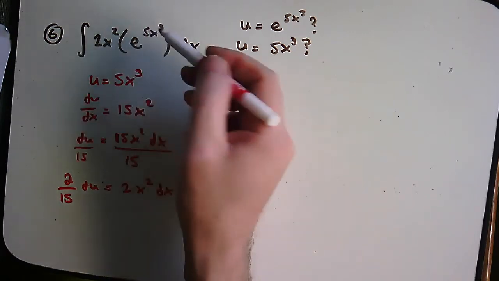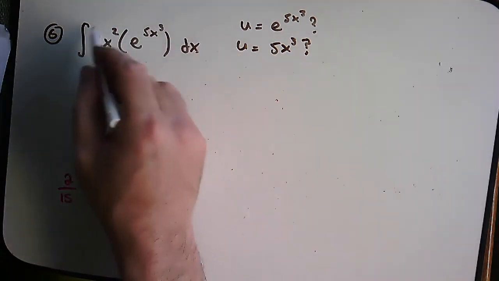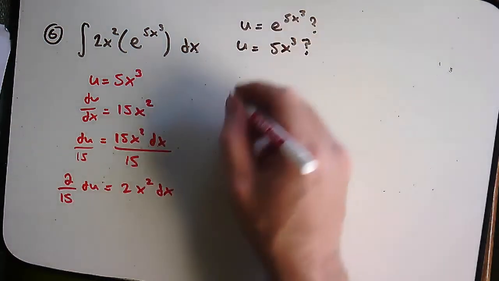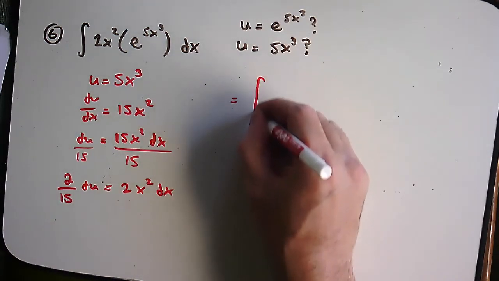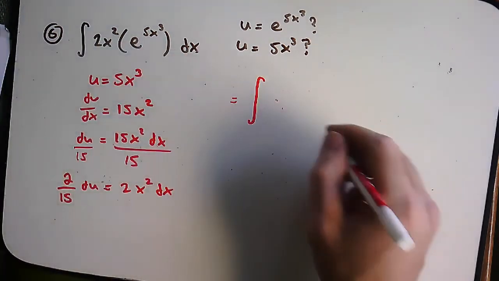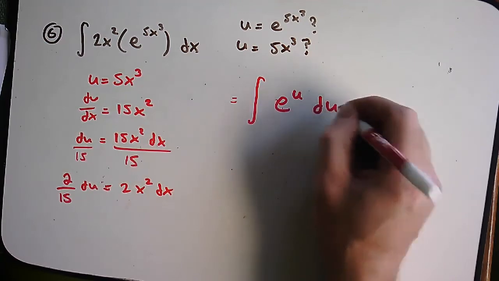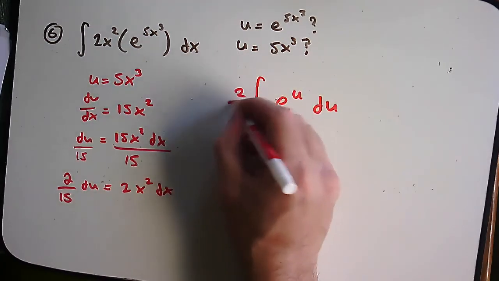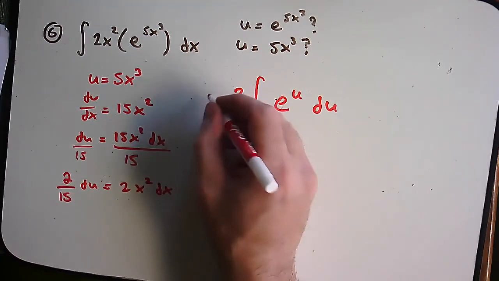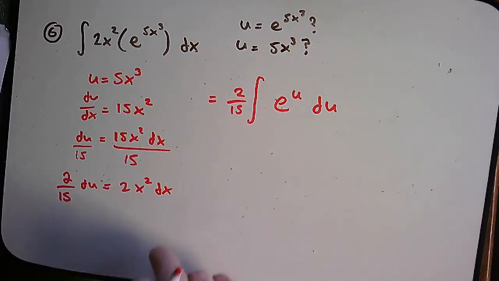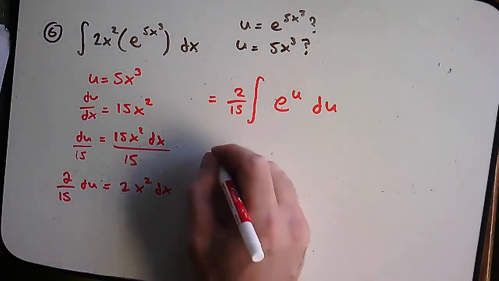So we have e to the u, that's gotten rid of the x's here. We have 2x squared dx, which is the same as 2/15 du. And so our integral then, rewritten, 2x squared dx, that's our du, and we have e to the u du times 2/15. Right? So we're 2/15 du, and we have our e to the u.